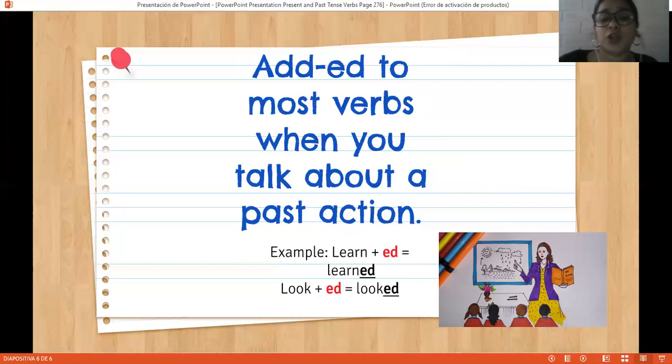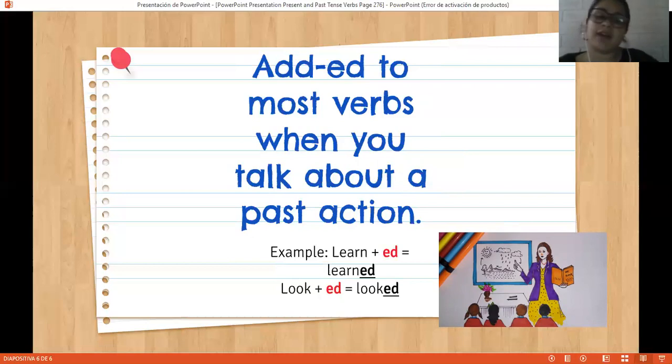Look plus ed equals looked. So those are the examples they're giving us when you add ed to a verb when you talk about a past action, something that already passed. It's not in the present, it's not in the future, it's something that already passed.